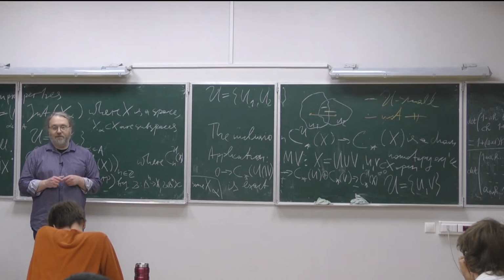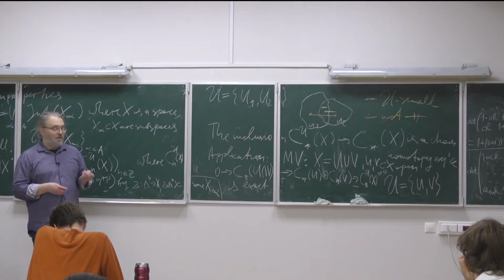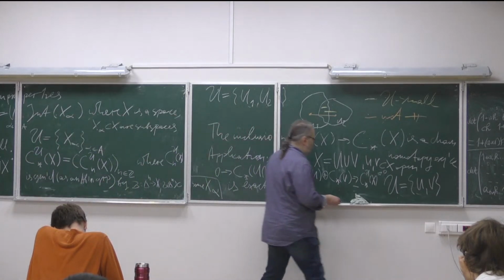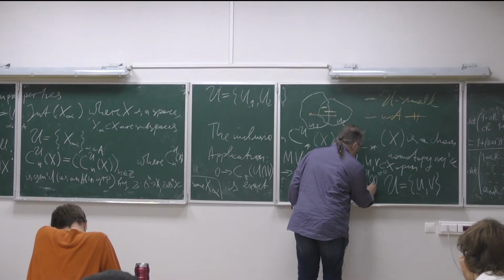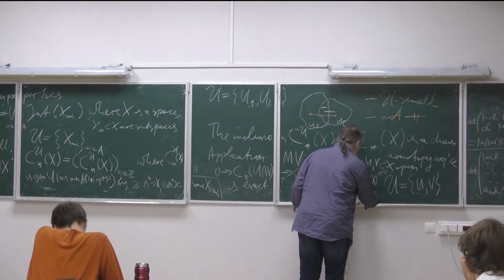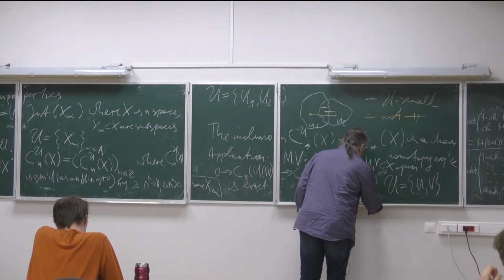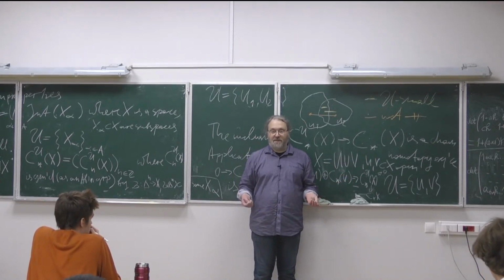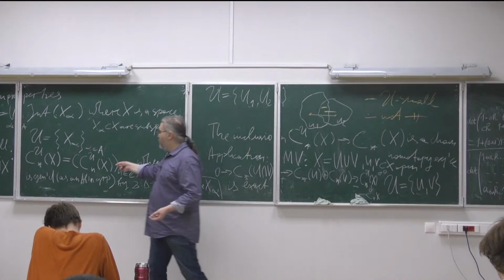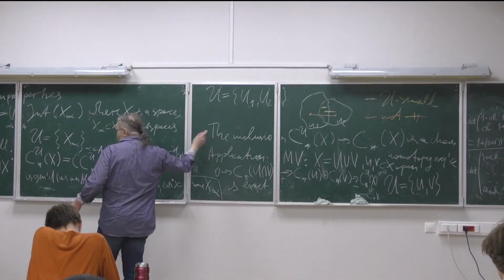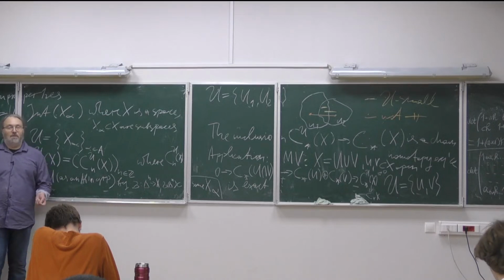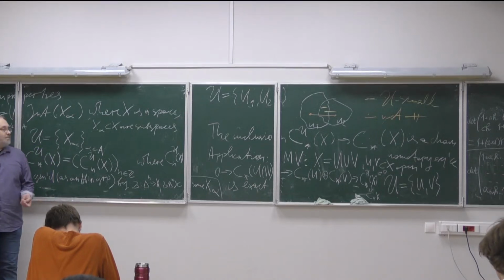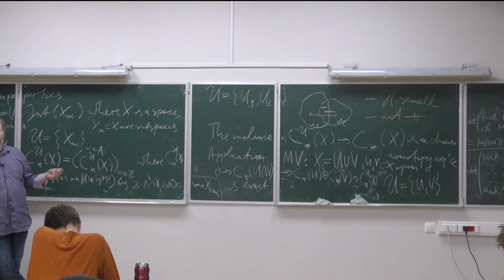Does this make sense? Well, the non-trivial part is that this thing has the same homology as the whole of X, and this is where we use this property. Okay, does this make sense?